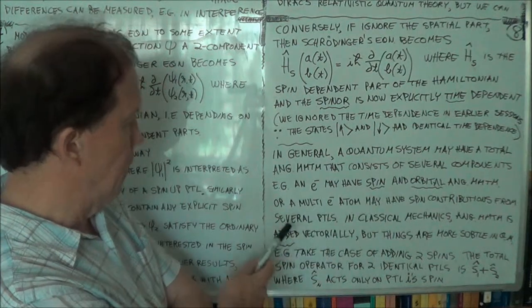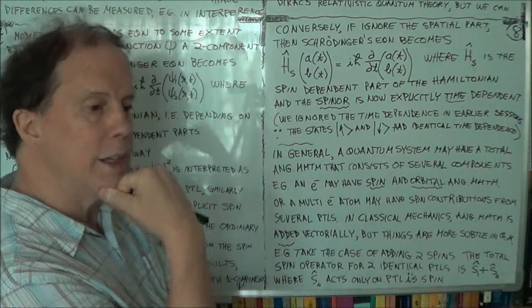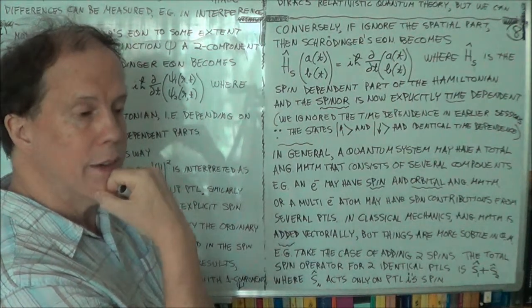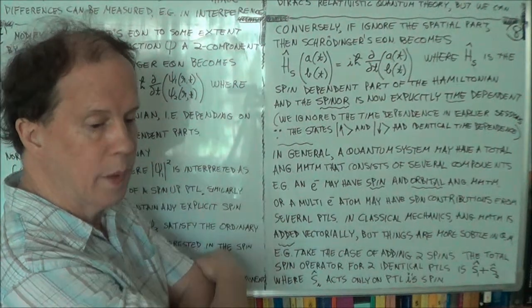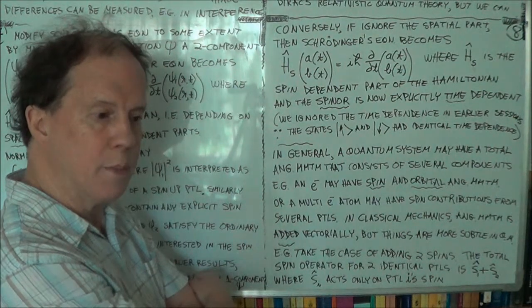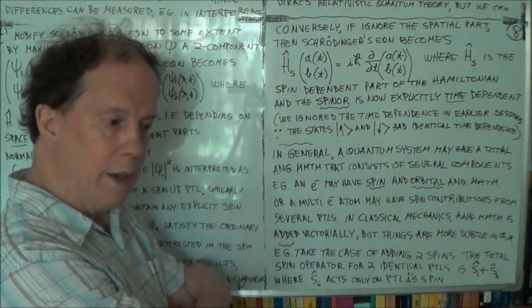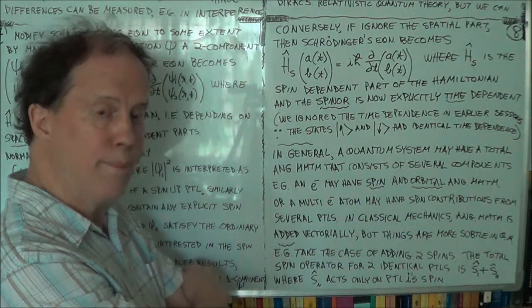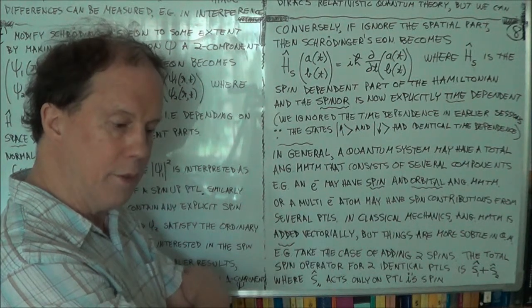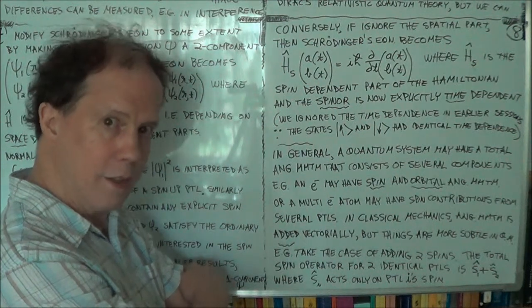Now, in classical mechanics, you add angular momentum vectorially. You just add the two vectors, right? In the usual place the tail of the second arrow at the position of the tip of the first arrow, and the resultant vector sum will be the arrow from the tail of the first arrow to the tip of the second arrow, right?